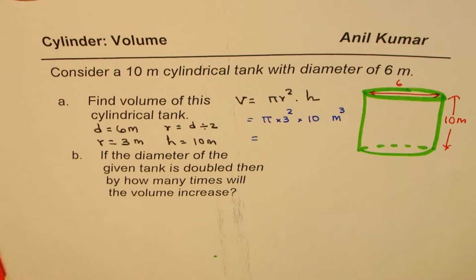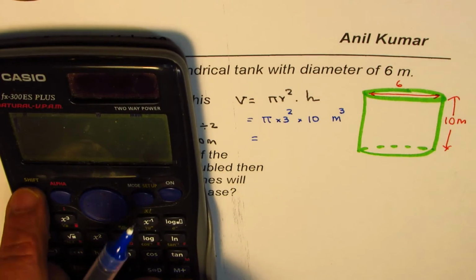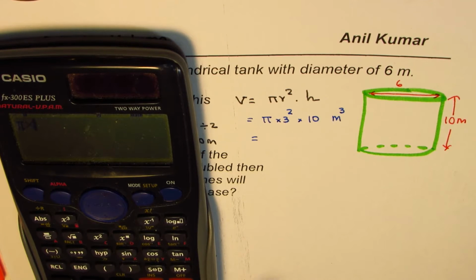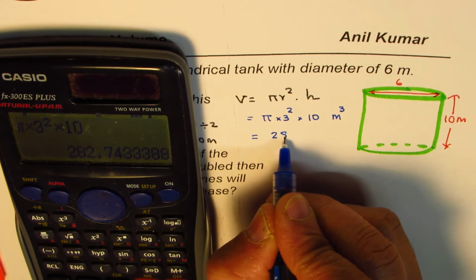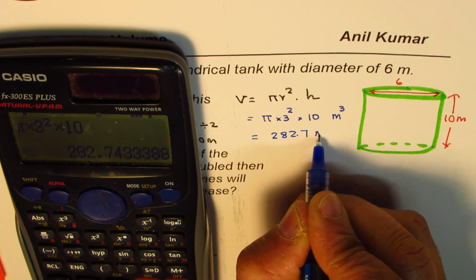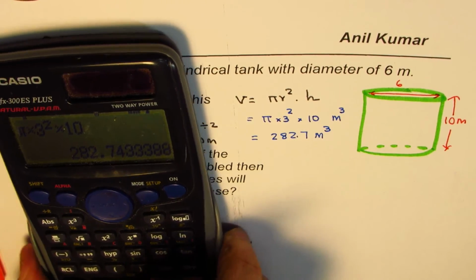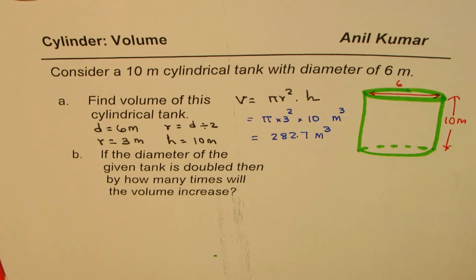It is 90 pi, which in decimals is 282.7 meter cube. So that becomes the volume of this particular cylindrical tank.